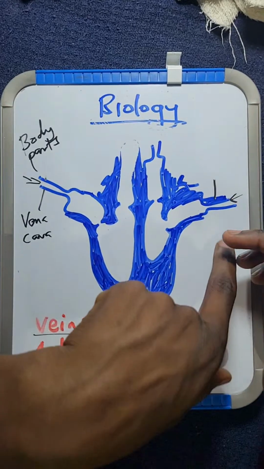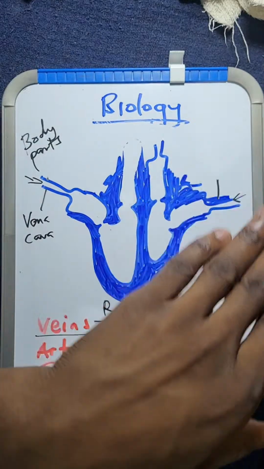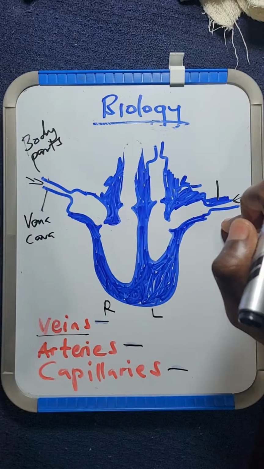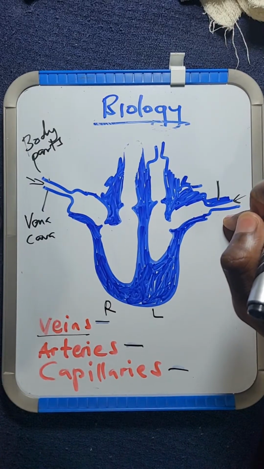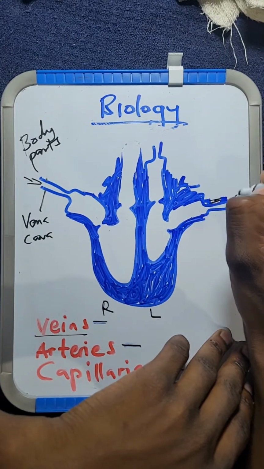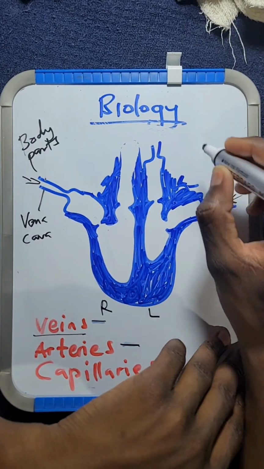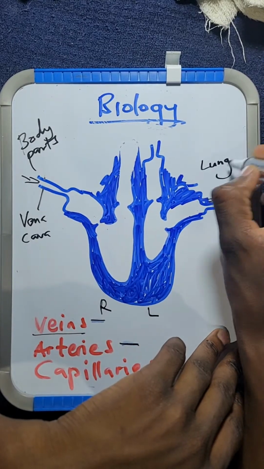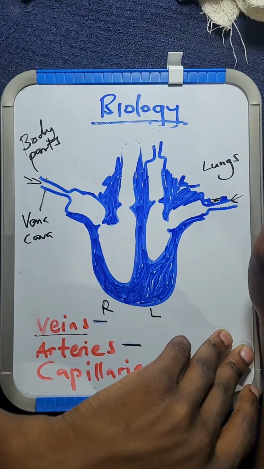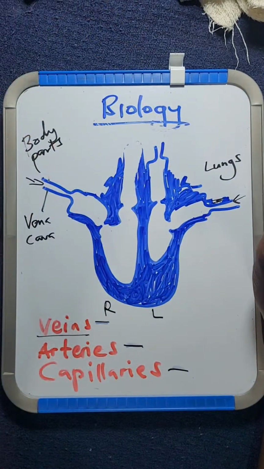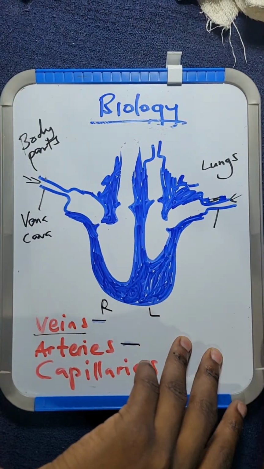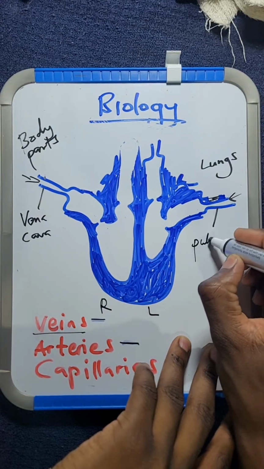On this other side, we've got another vein, because remember I said veins transport blood towards the heart. This vein is transporting blood coming from where? From the lungs. So blood yamenengenera oku left is coming from the lungs. The blood vessel responsible for bringing blood to the heart from the lungs is known as the pulmonary vein.